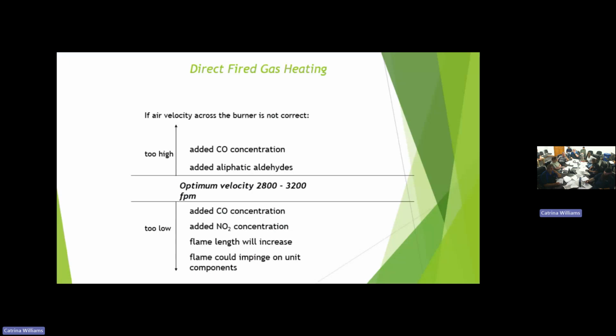It doesn't stop the unit, but it turns the burner off. If it's too low, we again add CO concentration, no good, and NO2 gets high. As I just said, the flame length will increase because it's a long, lazy flame trying to get more combustion air, which means it could impinge on other components downstream. If you see our units out in the shop, there is not much distance between the burner and our blowers.